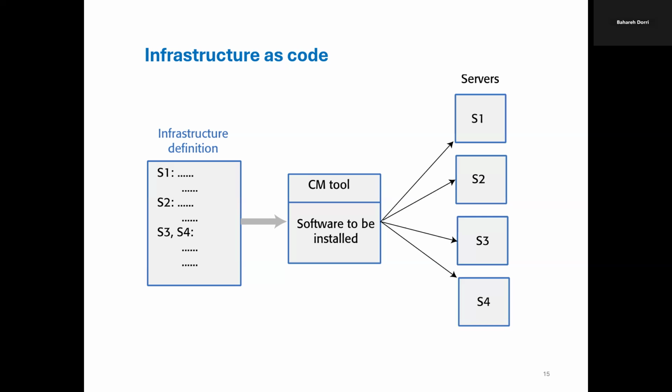From there, it pushes out the required software to the appropriate servers, S1 through S4 in this diagram. Everything gets set up automatically and consistently based on the definition we have provided. So really, this is about removing manual work, reducing human error, and making infrastructure setup predictable and repeatable.